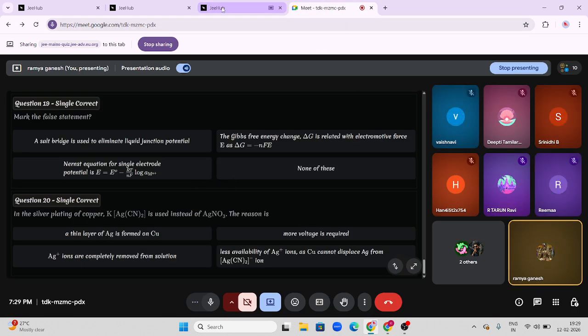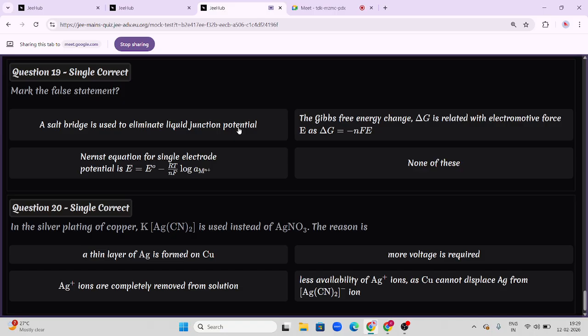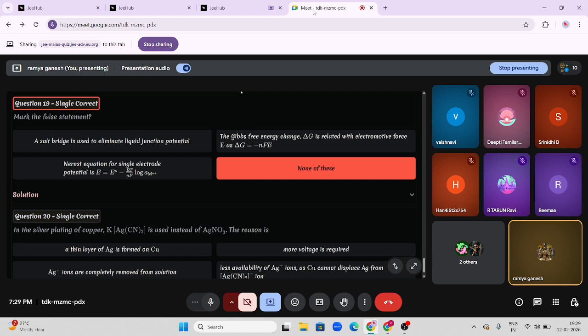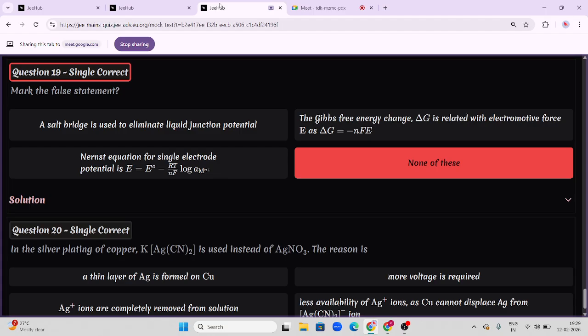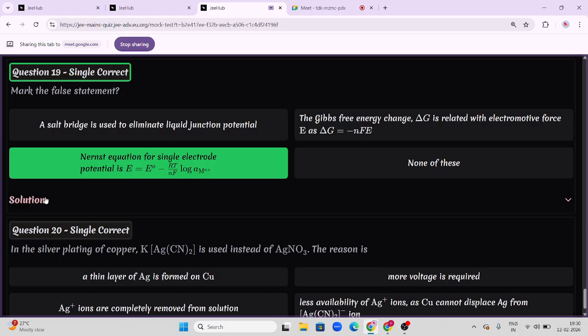Third option. Why third option? Ma'am, 1 by Mn plus will come, so it has to be positive, isn't it?